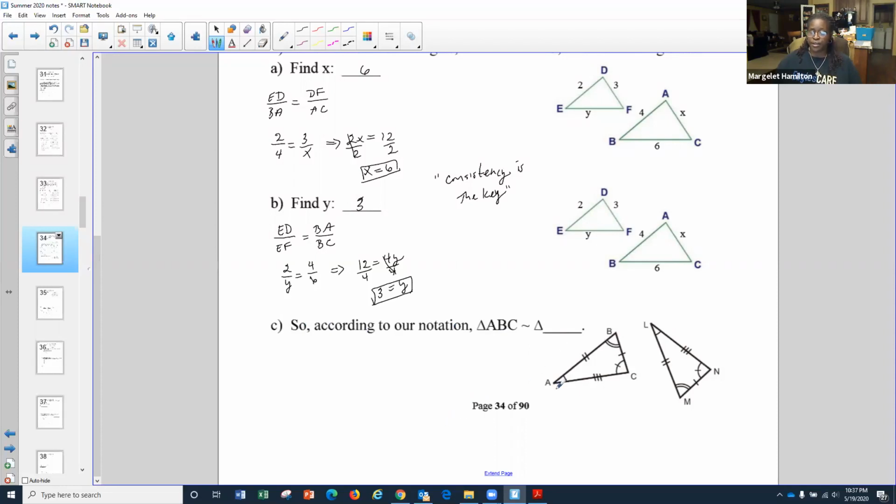Looking at it, here we have A, B, C is similar to triangle, that's right, L, M, N. So A, B, look at the symbols. You have one arch going to the second arch on the side with the 2 markings here.